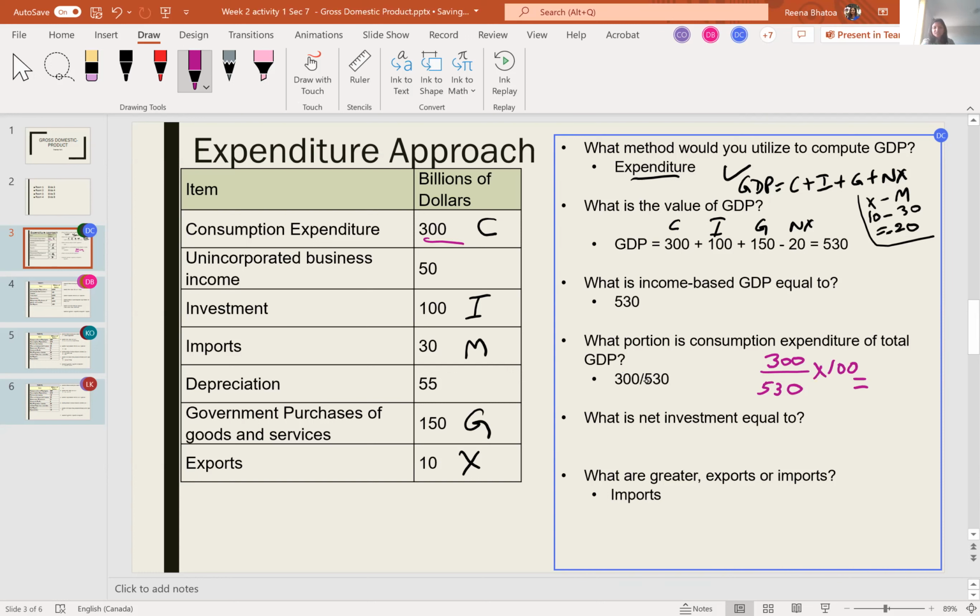How much is it? Can someone please calculate it for me? 300 divided by 530 times 100. 56.6.